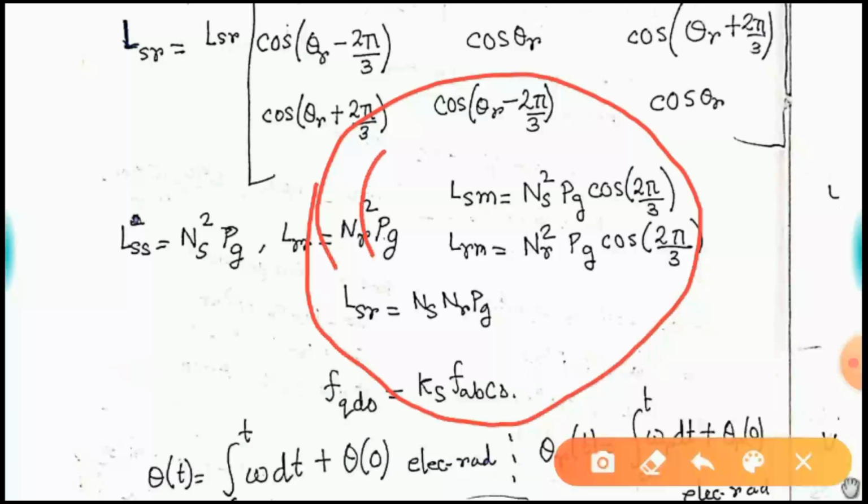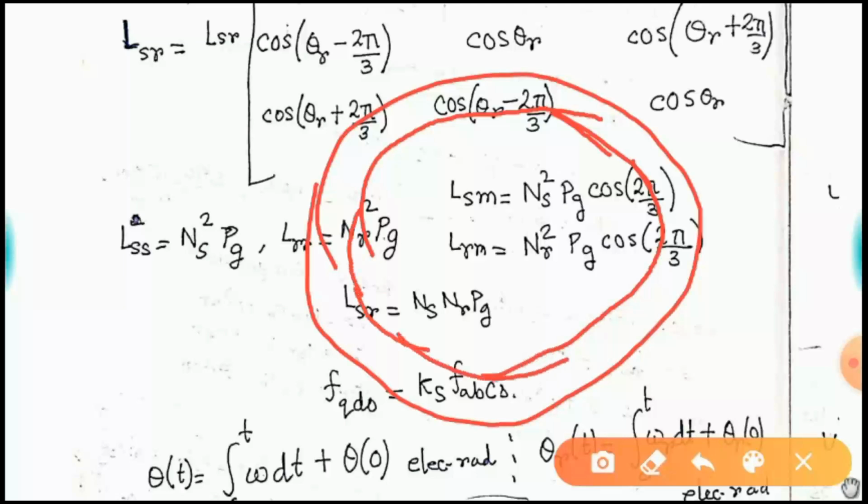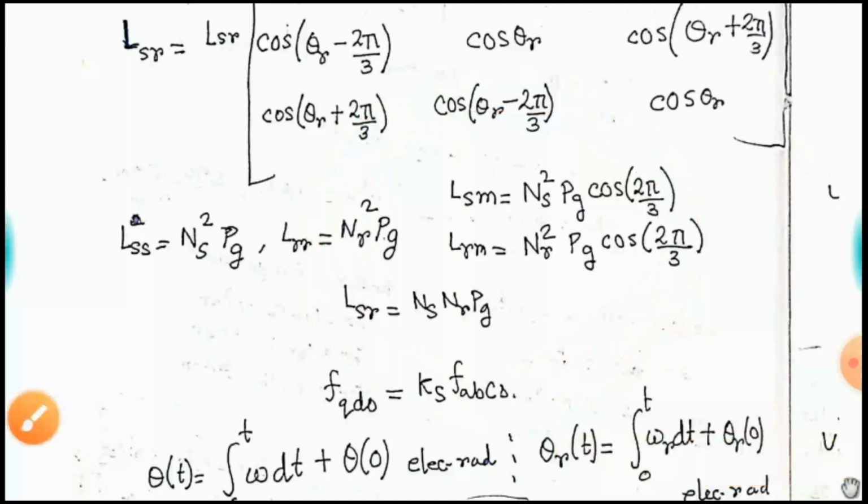I hope you are getting my point that if we can have an even structure, it will give us a uniform value of PG.